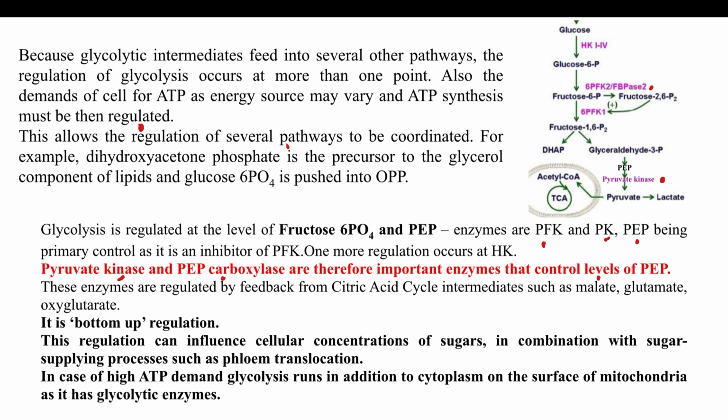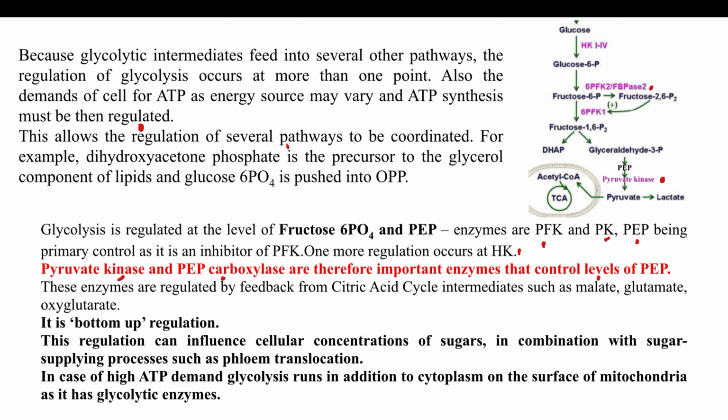I told you there are 3 steps at least out of 10 which are irreversible. The third is the first step, hexokinase. And remember, in these steps, only ATP is produced. So hexokinase is another enzyme which can be inhibited or activated depending upon the demand of the cell.